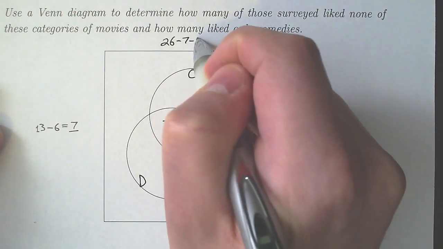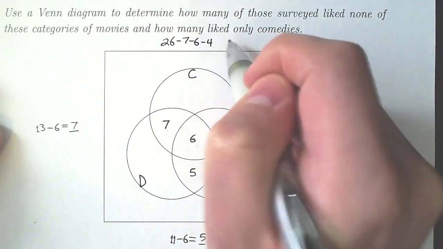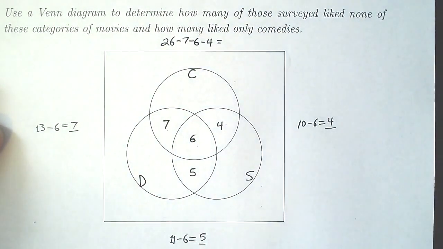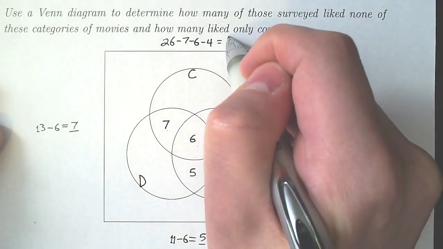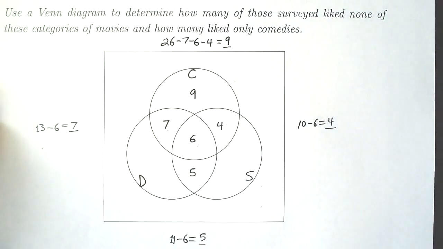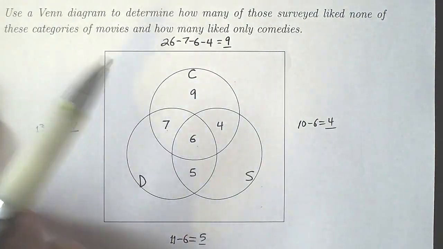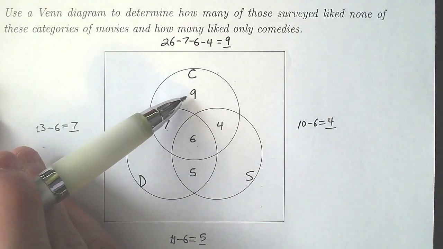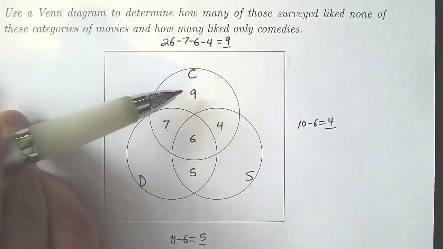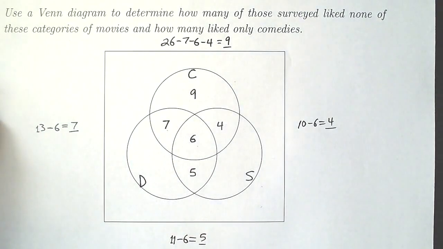So minus the 7, minus the 6, and minus the 4. Winds up being 9. I'm going to put 9 in here. So you see how it would be wrong if I just wrote a 26 in this spot? It needs to be a 9 so that the total number of people who like comedies is 26.